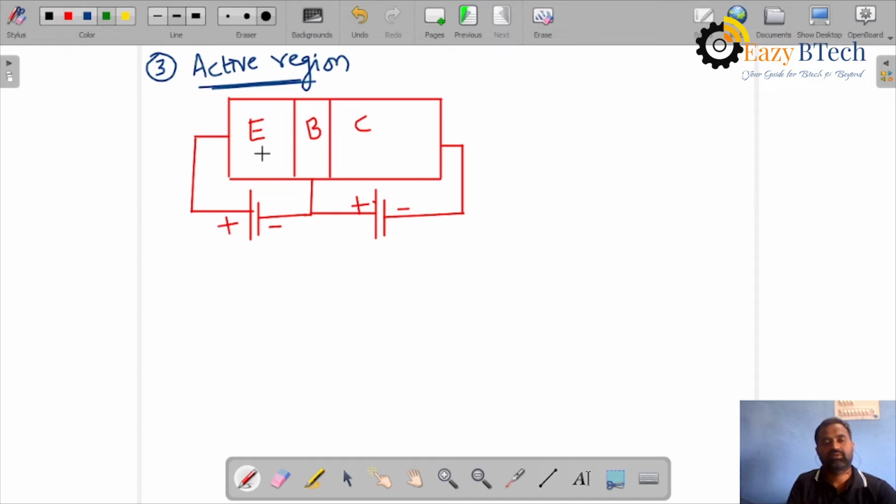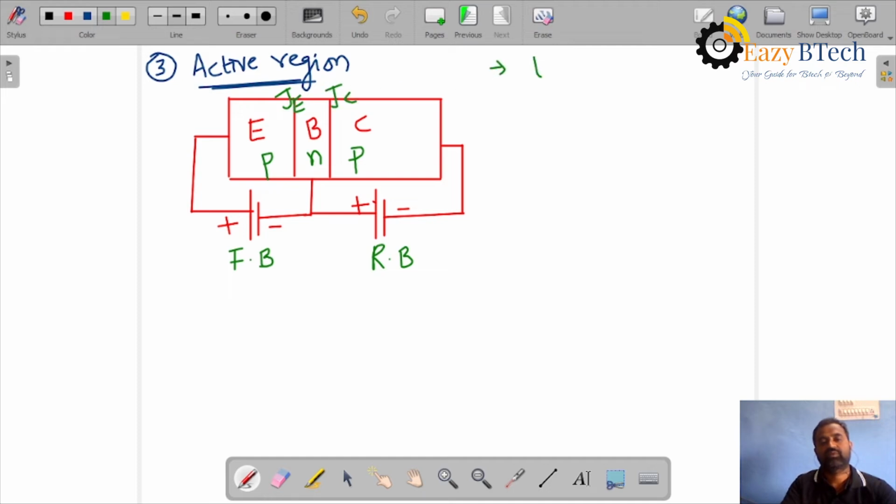You will see here it is P, N, P. Now here positive connected to positive, negative connected to negative, forward bias. Here negative connected to positive, positive connected to negative, reverse bias. The junction is JE, the junction is this.